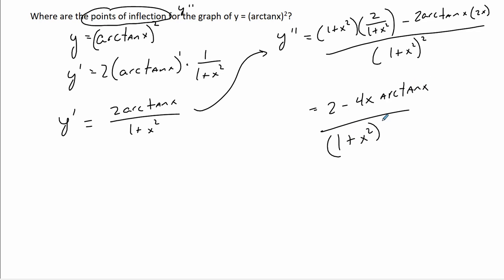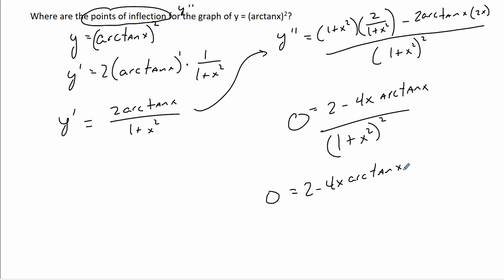This is the second derivative, which means in order to find points of inflection, I've got to find when the double derivative is equal to 0. So 0 is equal to 2 minus 4x arctangent of x.